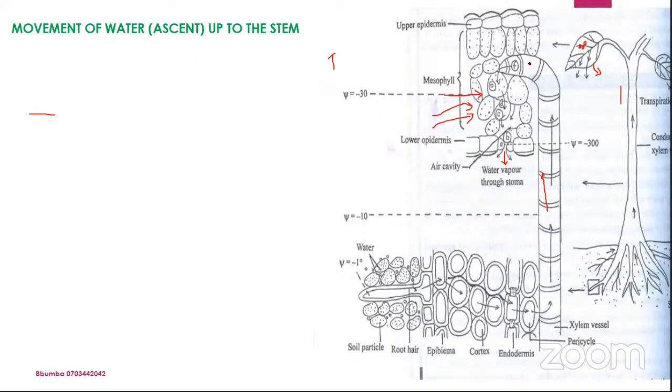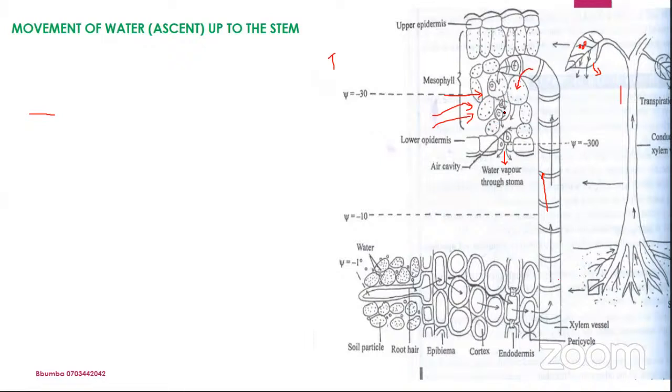Okay. Now, because they are surrounding the xylem tissue, water is forced to move from the xylem to enter them, because in the xylem, water always has a high water potential. So it will move from the xylem, where it is at a high water potential, to enter these cells that have a low water potential.